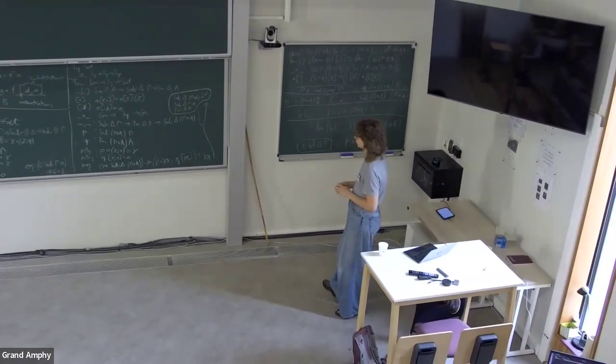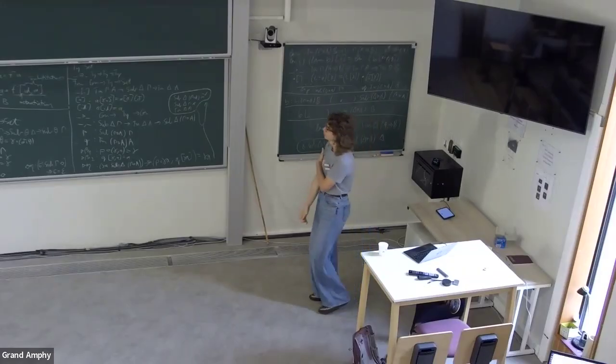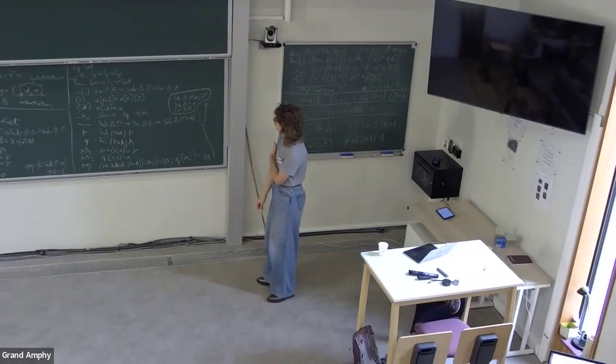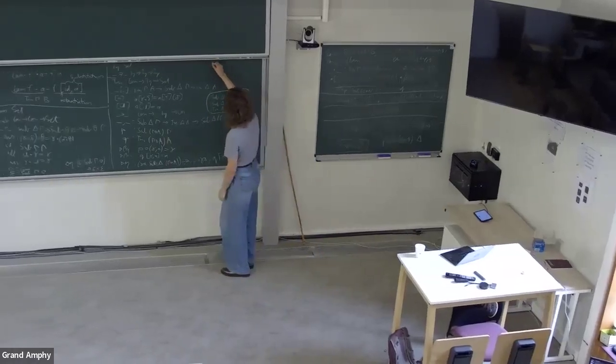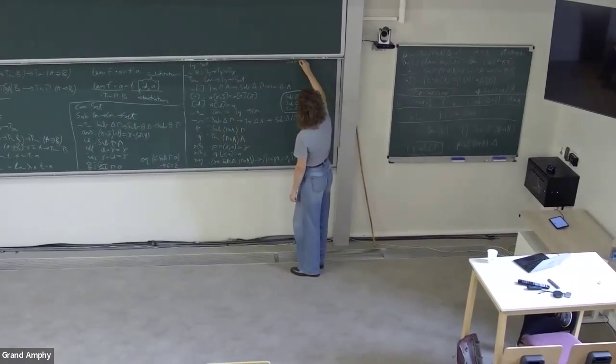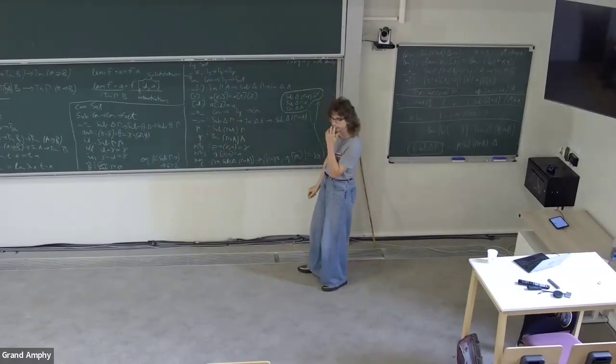But this is fairly standard, and the name of this is what is called category with families. I think that's the correct name. Category with families.